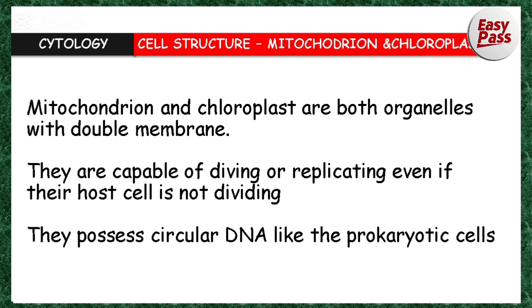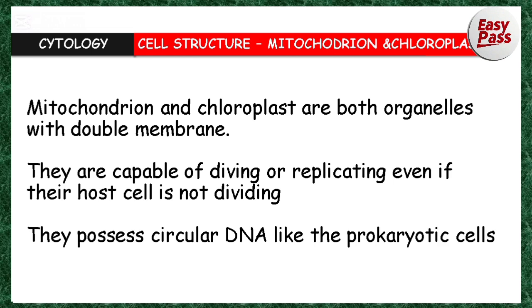The third reason why they are classed as organisms that found their way into living a symbiotic life in a living cell is that they possess their own RNA and DNA. They both possess circular DNA like the prokaryotic cells.